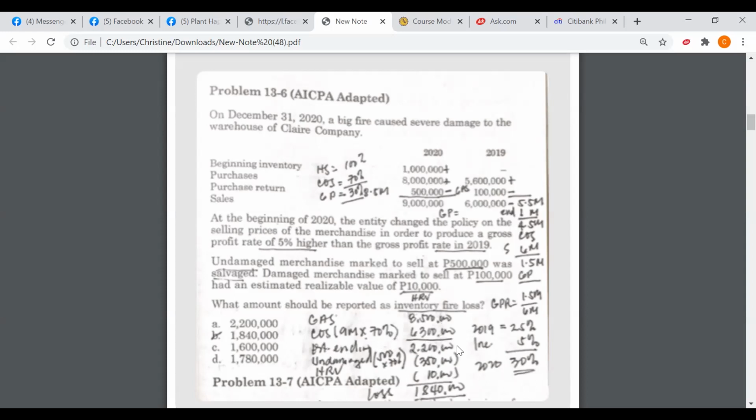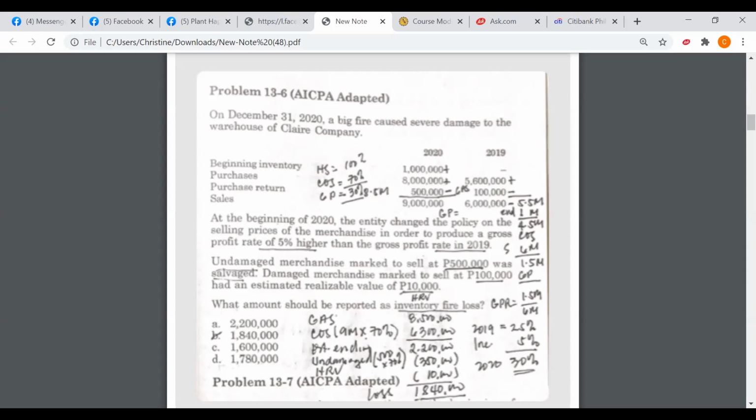That's 2,000,000. But there's again an undamaged merchandise of 500, but this is at sales price because it is marked to sell. So using the cost rate, we'll get the cost of this undamaged 500 times 70%. That makes 350 only at cost. Then deduct also your recoverable of the 100, that's only 10.